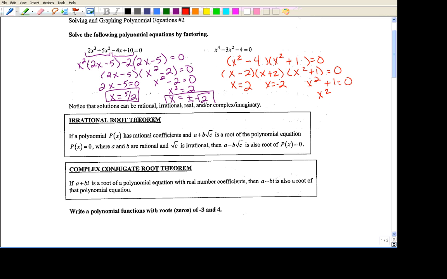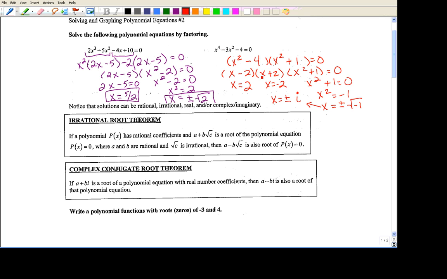I'll get x squared equals negative 1. So x will equal plus or minus the square root of negative 1. But the square root of negative 1, do you remember what that is? It's i. So we'll have x equals plus or minus i, which is the square root of negative 1.